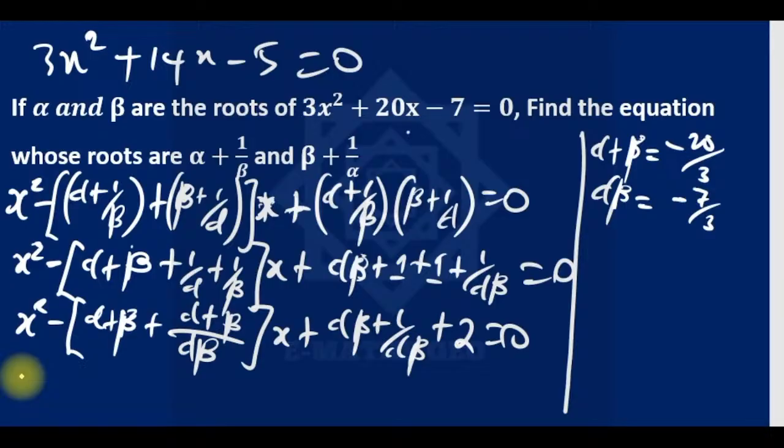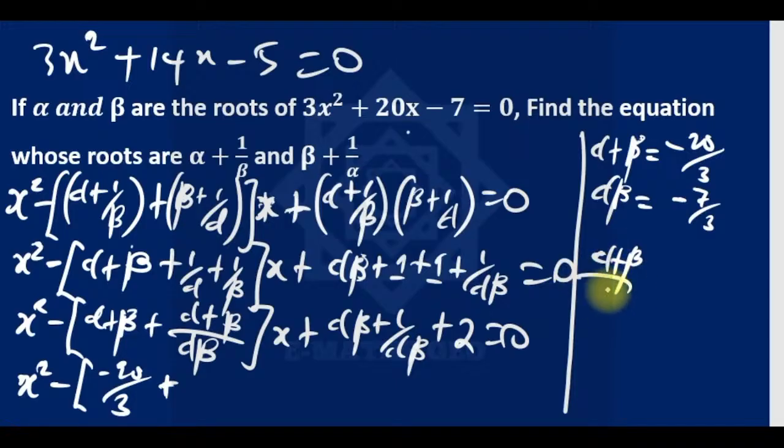So let's substitute. We have x squared minus, alpha plus beta is minus 20 over 3, plus alpha plus beta over alpha beta, which is this over this, so maybe let's do it here: minus 20 over 3 over minus 7 over 3, which is 20 over 7.